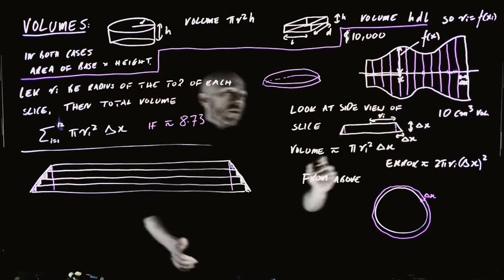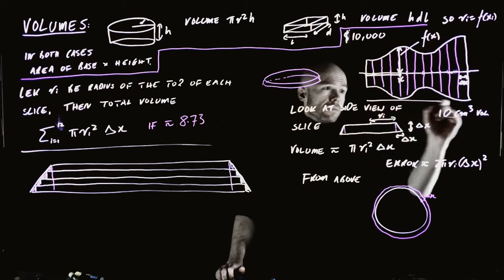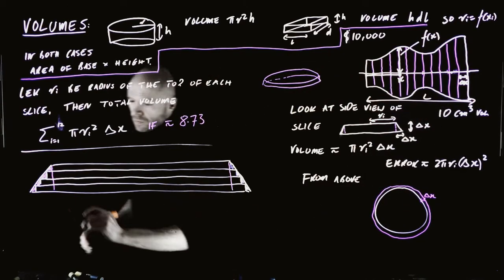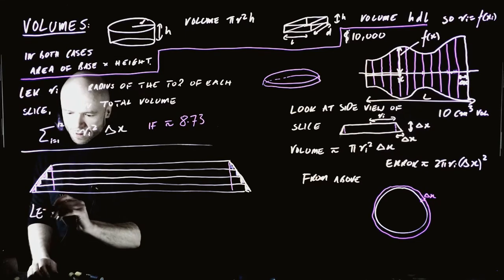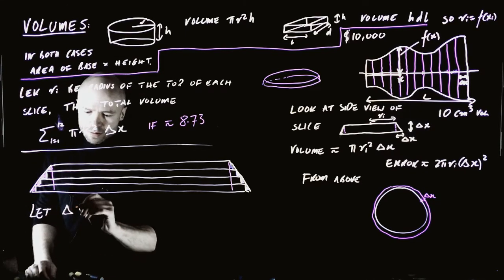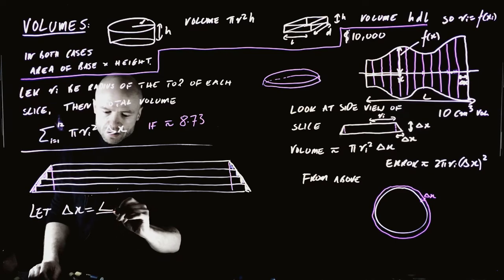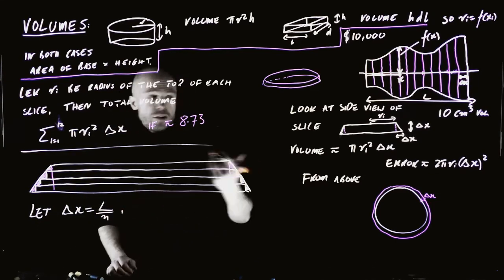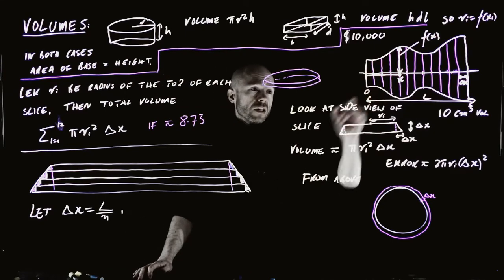Let's say this thing has got length L. Yeah? So let delta of x be L over n. Yeah? And then exactly as in the Riemann sum procedure, this is starting here at 0.